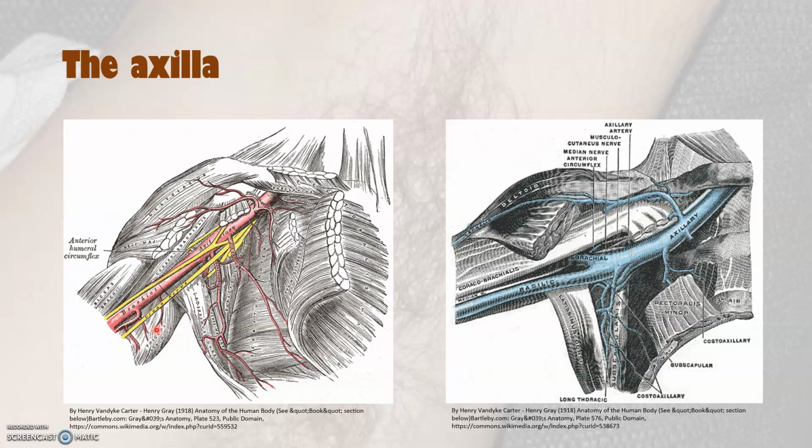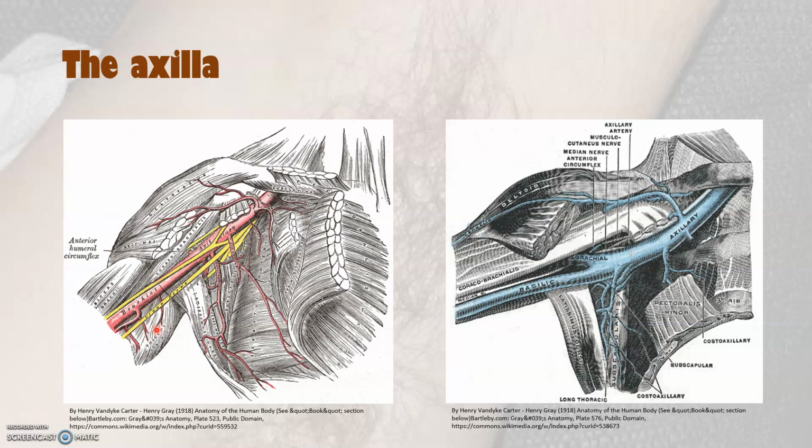As the nerves pass out of the axilla, they form their main branches, such as the musculocutaneous nerve from the lateral cord, the ulnar nerve from the medial cord, the median nerve, which derives its origins from both the medial and the lateral cord, and then from the posterior cord, the extensor nerves, which include the radial nerve and the axillary nerve.